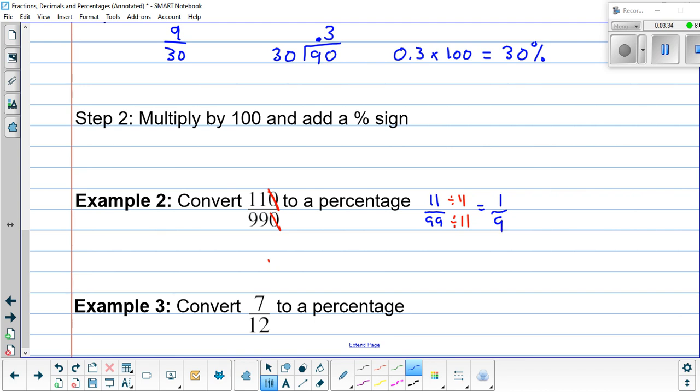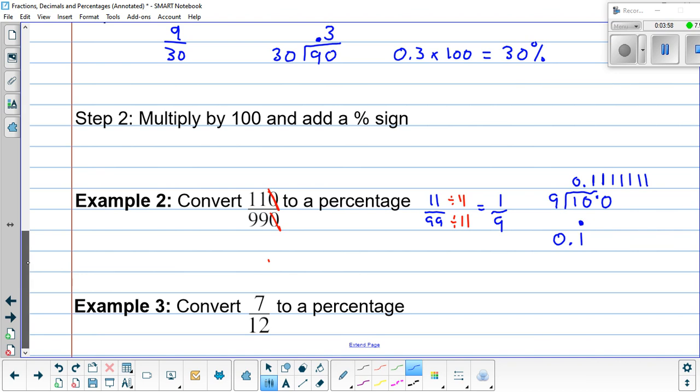So, now, how many times does 9 fit into 1? It can't. So, 0, decimal, and we can put the 10. 9 can fit into 10 once, 1 remainder. Can't go, so we can put a 0. 9 fits into 10 once. And so we're going to see that it's just 0.1 repeating.